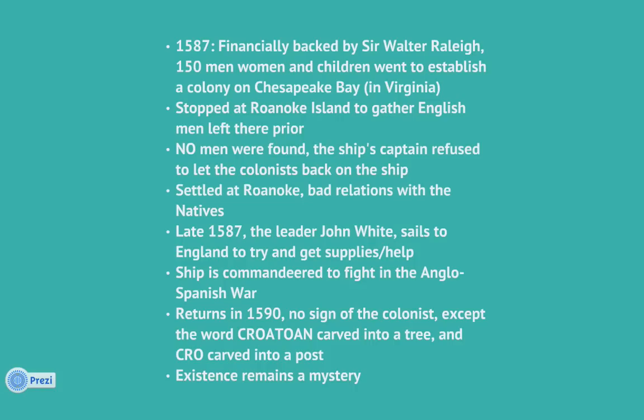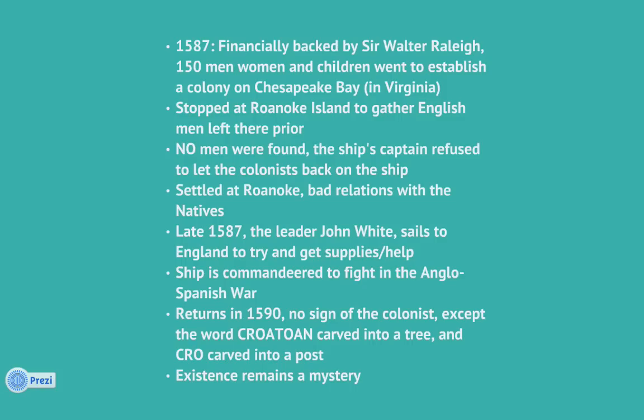And so John White's kind of going to be on the struggle bus about getting back to the Roanoke colony. He comes back in 1590, and there is no sign of the colonists except for the word Croatoan carved into a tree, or Cro carved into a post.